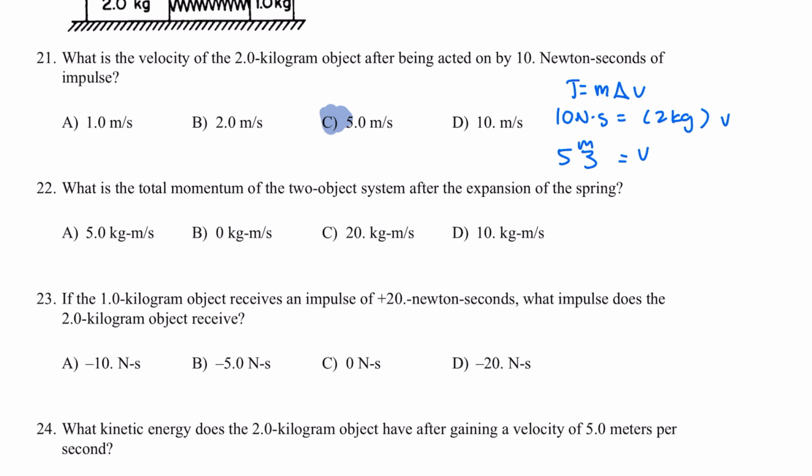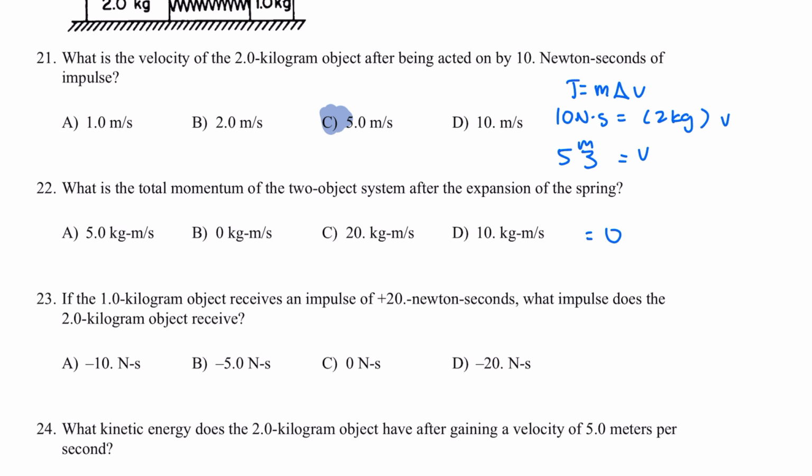22. What is the total momentum of the two-object system after the expansion of the spring? So remember the conservation of momentum law, which states that the momentum of a system stays the same. It says that both objects were initially at rest, which means there was no movement, and that the initial momentum equals 0. So if the initial momentum was 0, then after the expansion of the spring, the final momentum should also be 0.